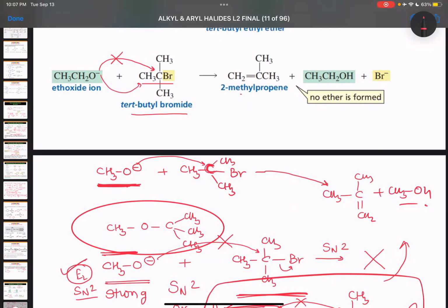That is not possible because the carbon is tertiary, right? Yes, sir. So what will happen? The O minus will go and attack the H plus. H plus will be eliminated. You will get an alkene. So now the question is, how can you make this ether without letting E2 happen?